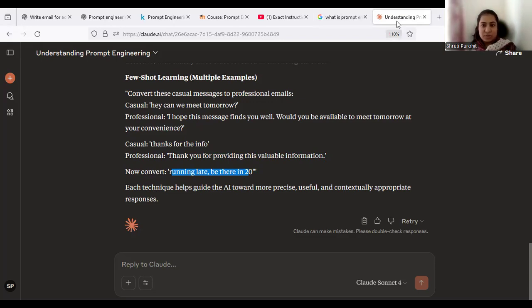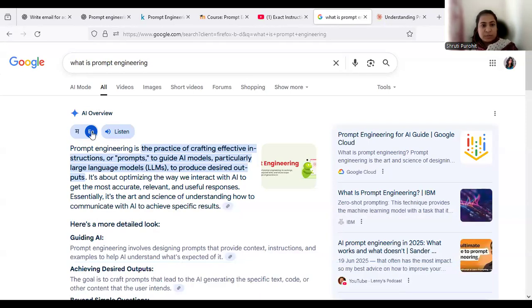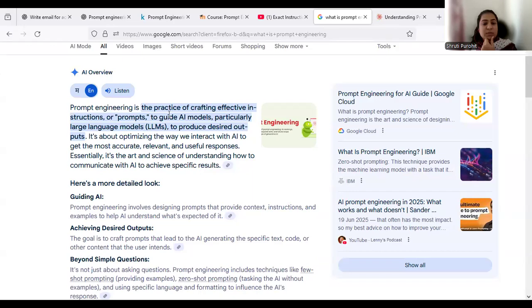Or convert this particular example into proper prompt engineering. So these are the two outputs from two different LLMs, two different AIs. Let's see Gemini. With Gemini, we get this right on the Google prompt itself. This is a really good feature they have adopted. So prompt engineering is the practice of crafting effective instructions or prompts.